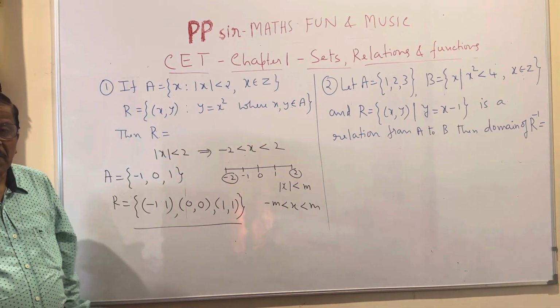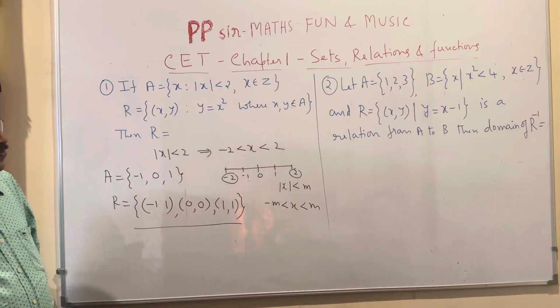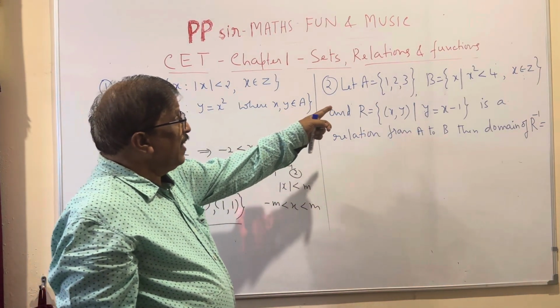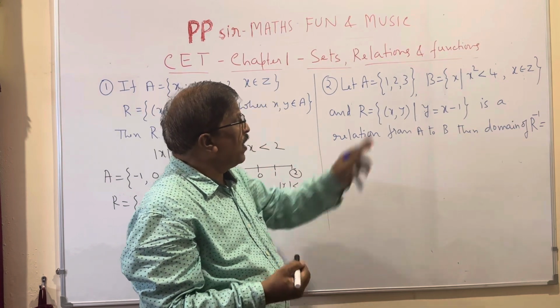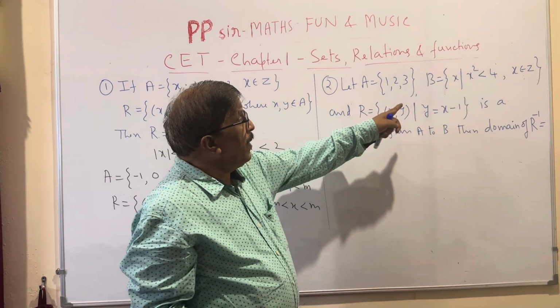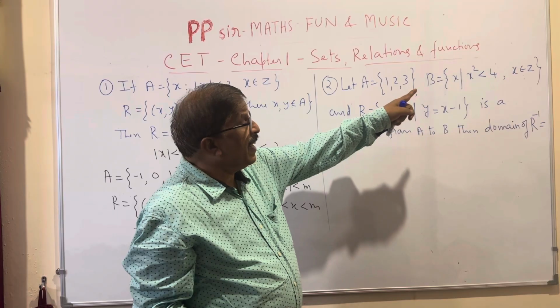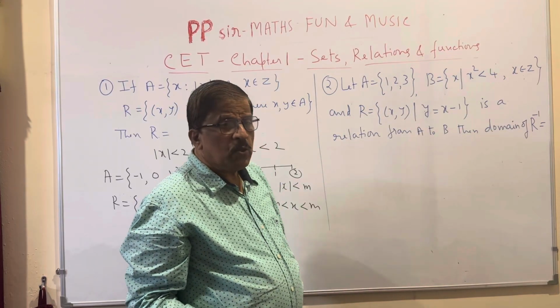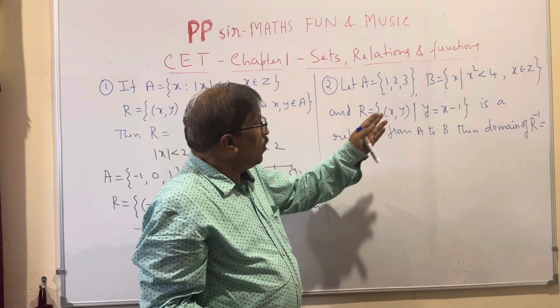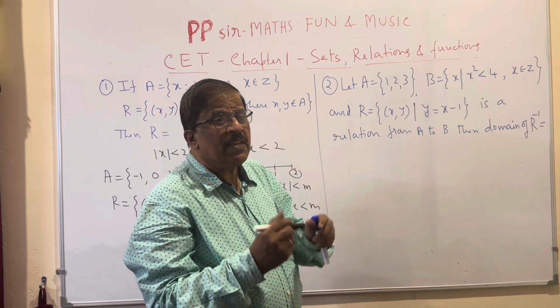Now come to the second problem. That's very interesting. Here A is a set containing 3 elements, 1, 2, 3, correct? And B is the set of all x so that x square is less than 4, where x belongs to Z. What is the meaning of x square less than 4?